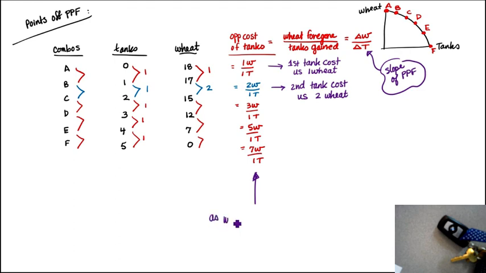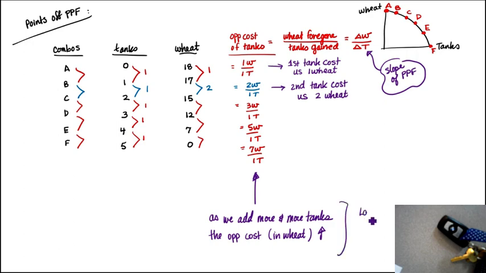So as we add more and more tanks, the opportunity cost in wheat is going up. Everyone agree with that? As we add more and more tanks, that opportunity cost is getting bigger and bigger and bigger. We call this the law of increasing costs. So this is a phenomenon that we observe in the real world.